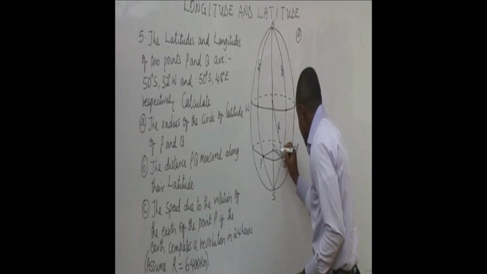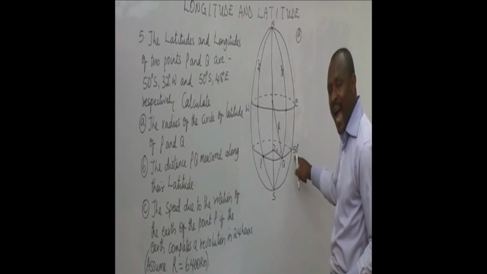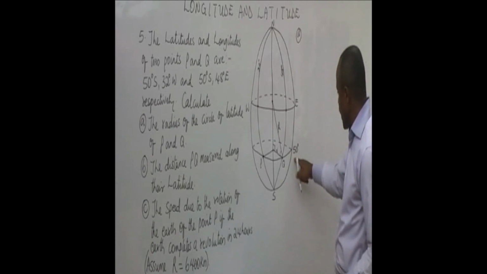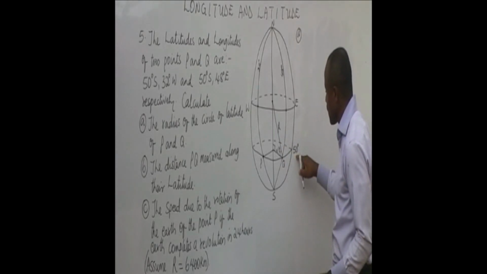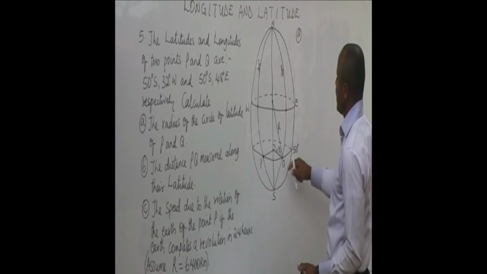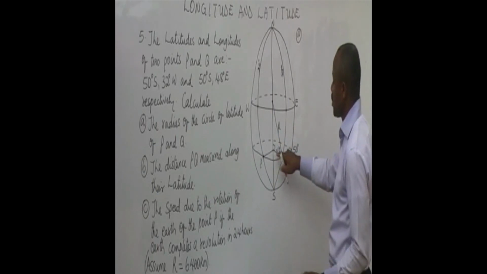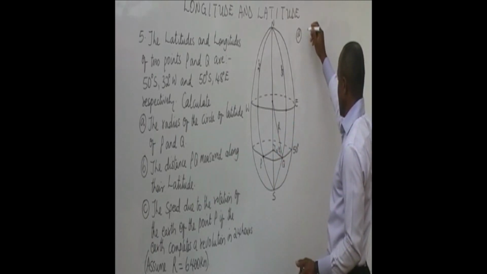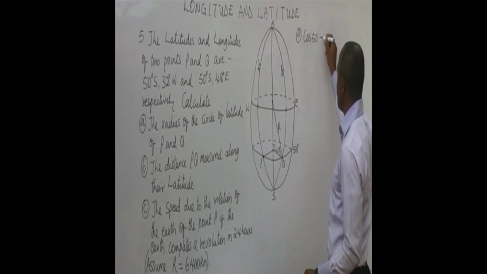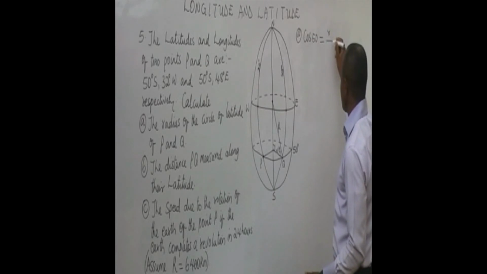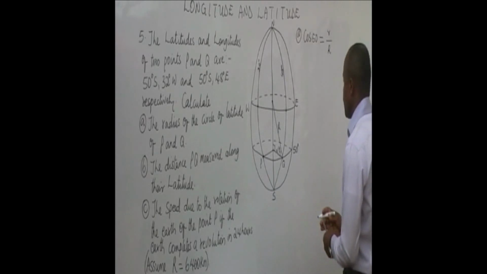Now, this theta here is 50 degrees, the angle of the line of latitude. If you call this theta, which has a value 50, you discover that cosine theta will be adjacent over hypotenuse, which is small r all over big R. So we now have that cosine 50 degrees is equal to small r, the adjacent, all over big R, the hypotenuse.